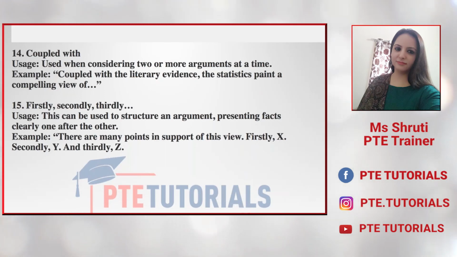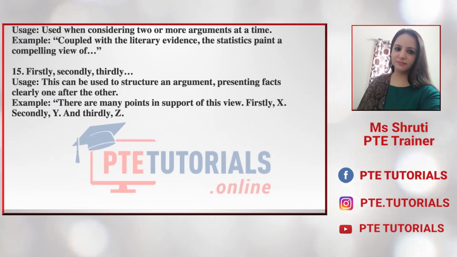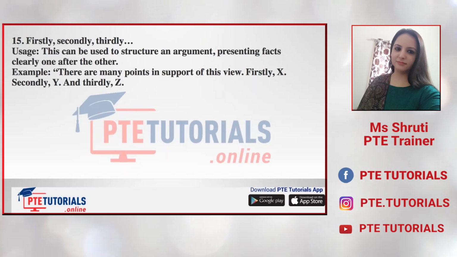Next, phrases are firstly, secondly, thirdly. These you can use when there are a lot of things to say. That is, you're structuring an argument. For example, if the passage has so many reasons given, so many facts given, in that case, you have to use firstly, secondly, and thirdly.